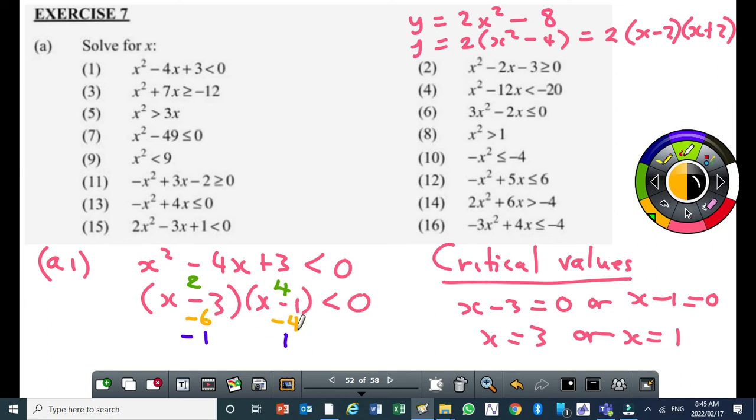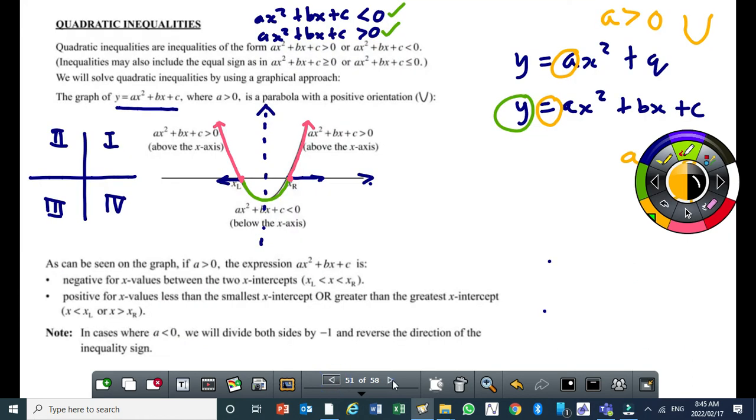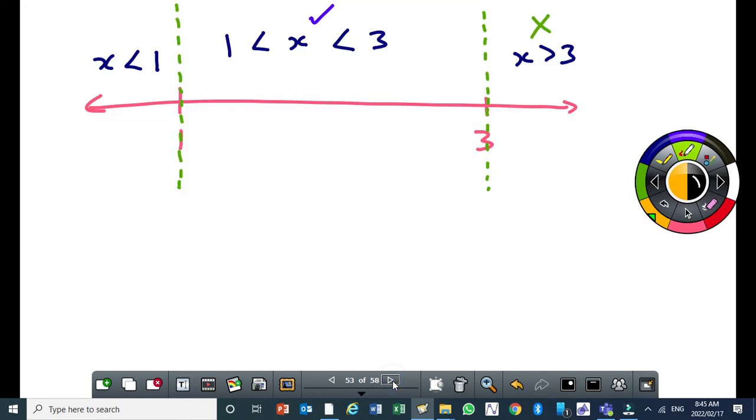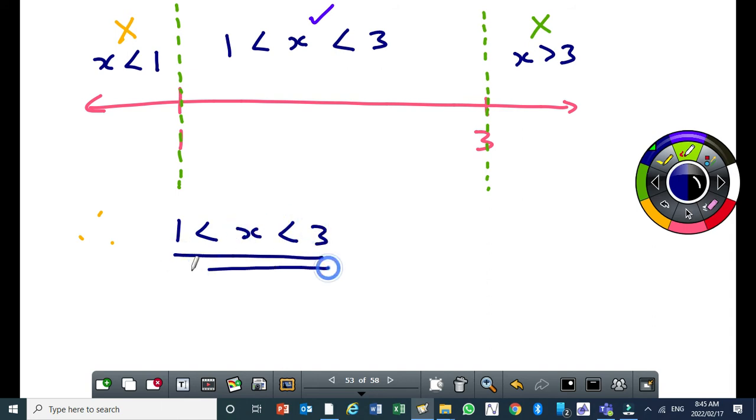Minus 6 times minus 4 gives us a positive 24. Now, is positive 24 less than 0? No. So this interval here is going to be invalid. So therefore, our solution to that inequality is going to be x lies between 1 and 3. So this will be the answer.